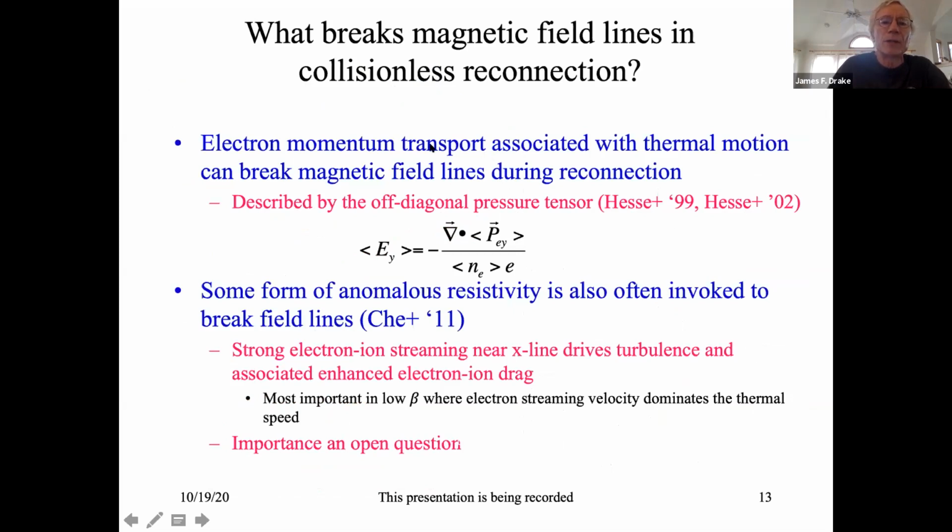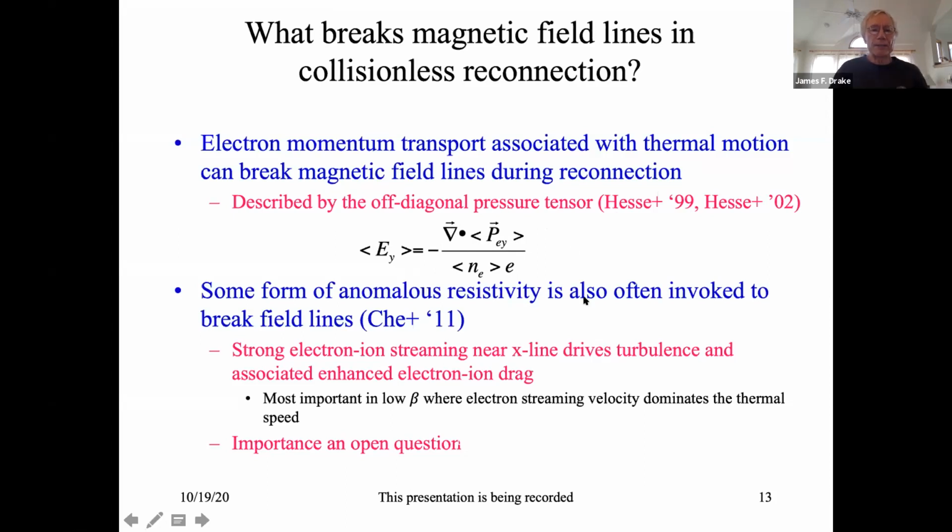It turns out that momentum transport associated with thermal motion in the X-line region can break field lines, and that's described by the so-called off-diagonal pressure tensor, and you get a balance of the reconnection electric field by that off-diagonal pressure tensor. There's a lot of beautiful work done by Hesse and collaborators that has demonstrated this.